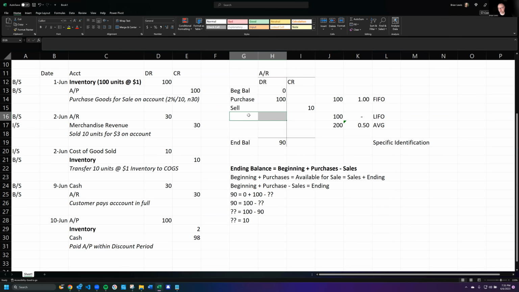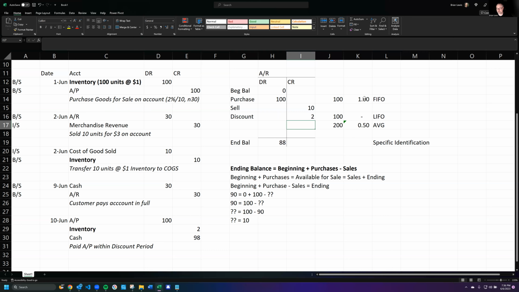Go back here. So then I have the discount that shows up here, and that's going to reduce the amount. So in reality, now instead of it being a cost of $1, theoretically, it's costing 0.98.